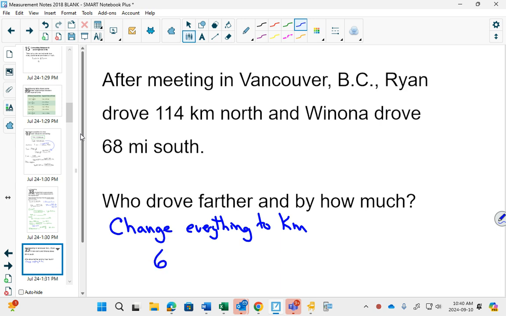So they take their 68 miles, change that to kilometers, and unless a question says you need exact values, you're able to use the approximations. So what do we know? I would go to my formula sheet and I'd say, it tells me that 1 mile is 1.6 kilometers. So I could take that 68, I would multiply by 1.6.